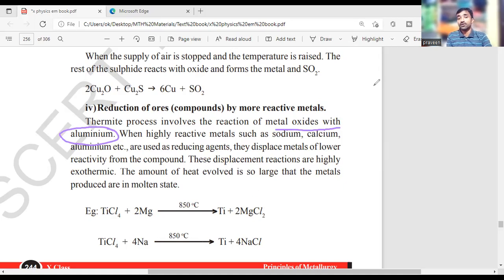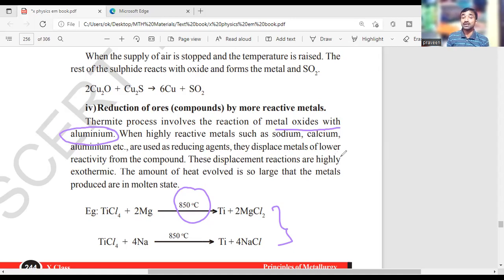Simply we can call the other one a displacement reaction. Here you carry out the reaction at high temperature to obtain the metal in a molten, liquid state. For example, highly reactive metals such as sodium, calcium, aluminum, etc. are used as reducing agents.